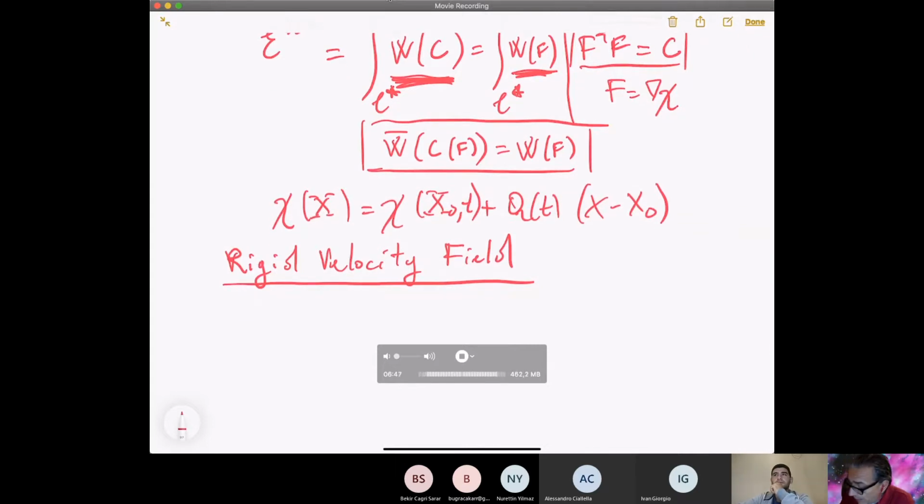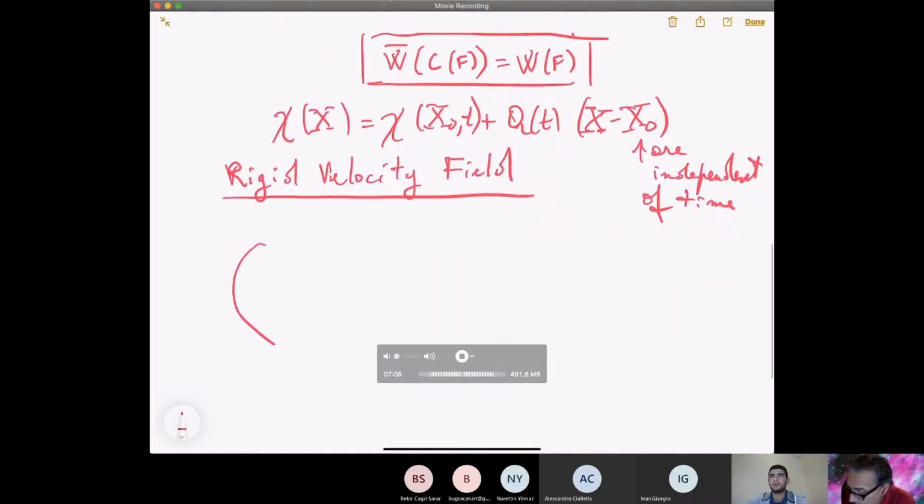Okay, so we remark that this capital X and this capital X0 are independent of time. Why?